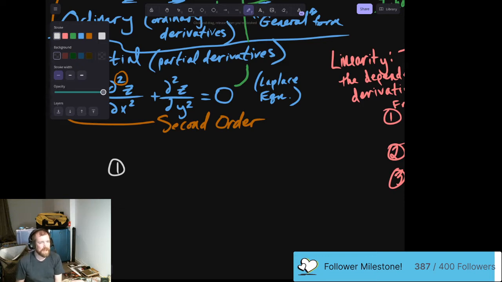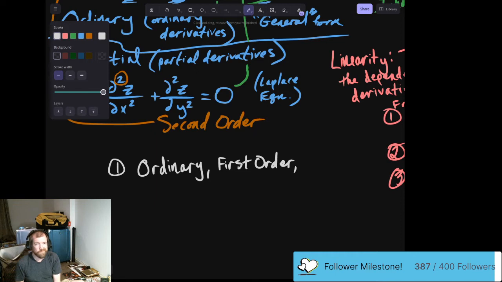Generally speaking, our categorization starts as ordinary or partial, then order. Is it linearity or homogeneity? I think usually we do linearity immediately after order.